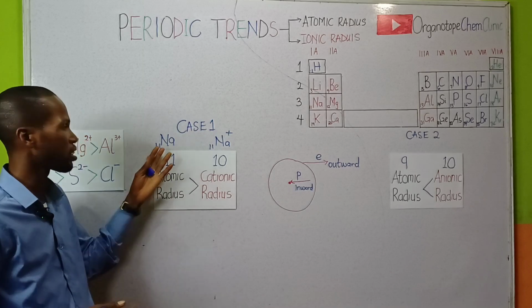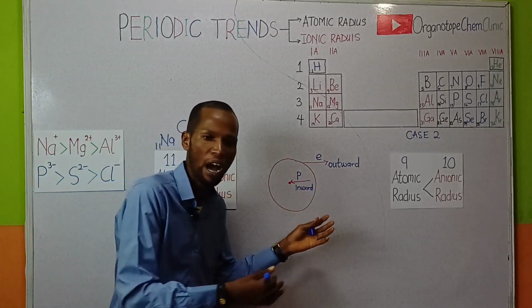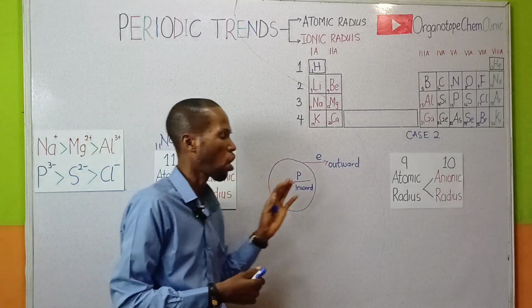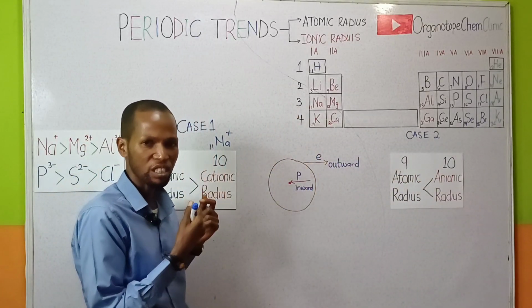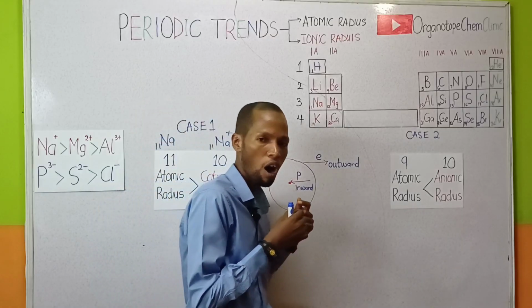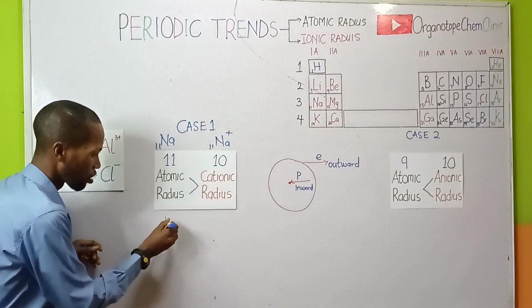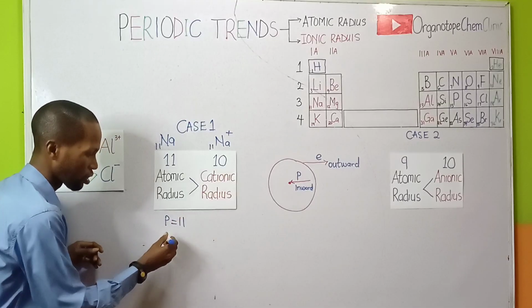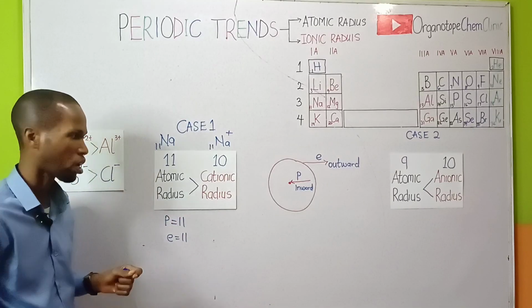Can we check between the parent atom and the sodium ion? Are we going to have a pull inward or a push outward? Are we going to have attraction inward or repulsion outward? Here we have the proton is 11 and the electron is 11 for the parent atom.